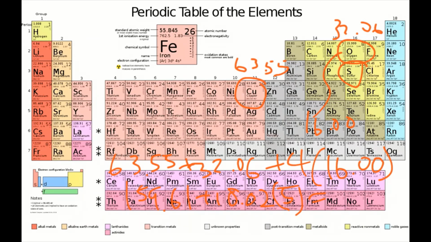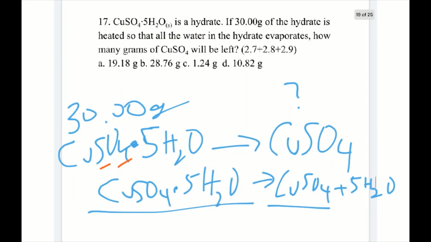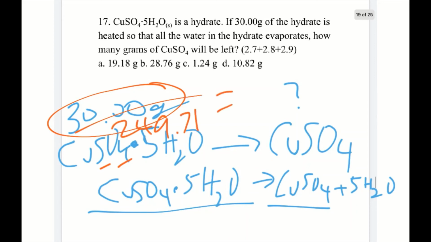We get 249.71 as our molar mass for the copper 2 sulfate pentahydrate. So let's divide 30 by the molar mass, 249.71. So we get 30 divided by 249.71, and that will be 0.1201 moles of copper 2 sulfate pentahydrate.